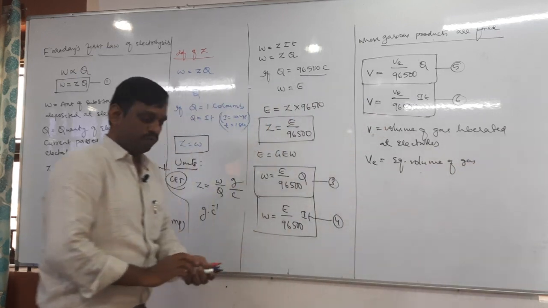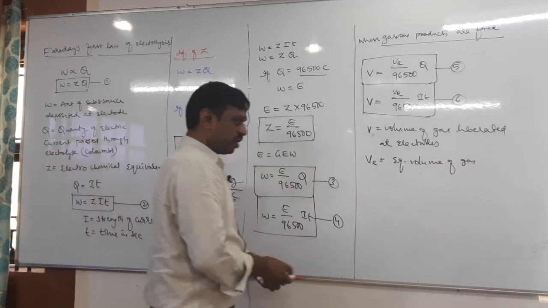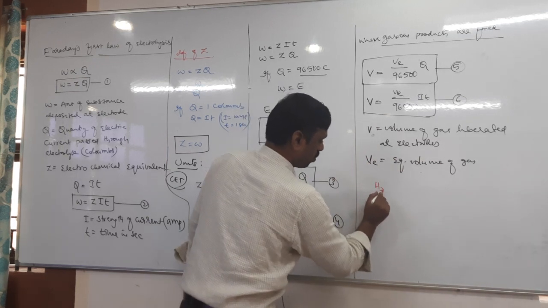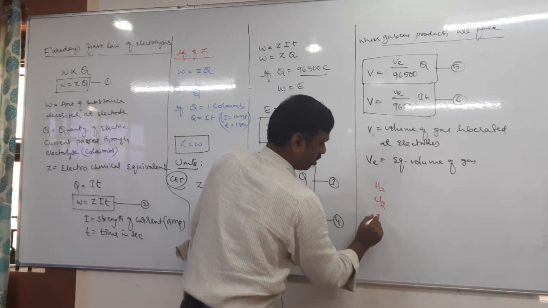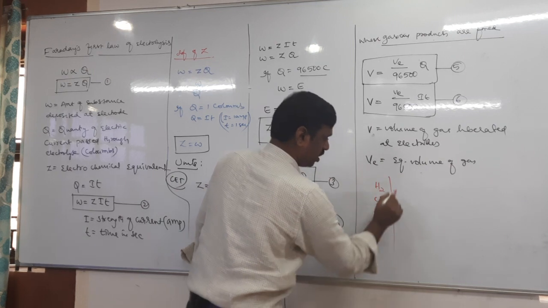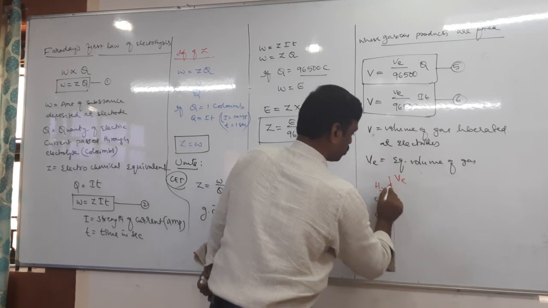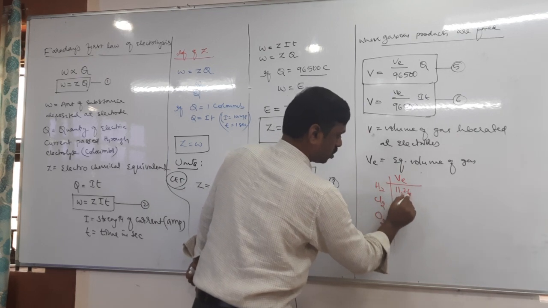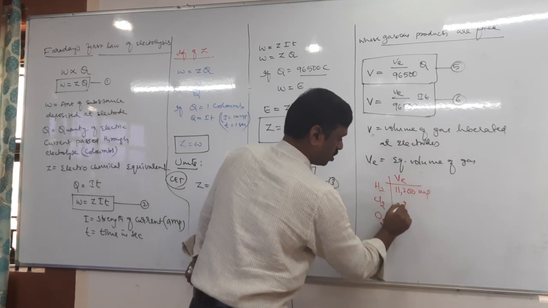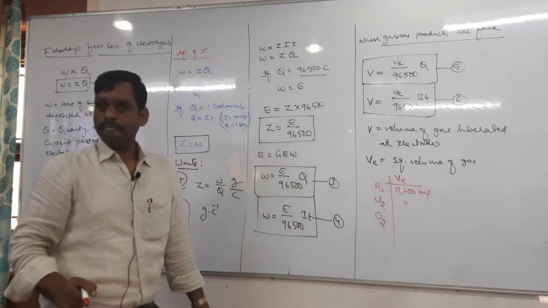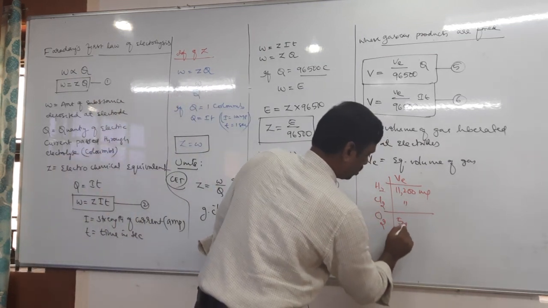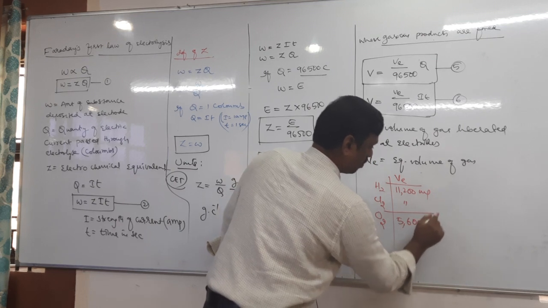For equivalent volume, we particularly get it for only three gases: hydrogen, chlorine, oxygen. What are the equivalent volumes? Hydrogen is 11,200 ml, and chlorine is the same, remember like this. Oxygen is 5,600 milliliter.